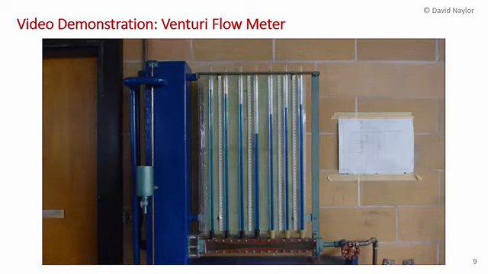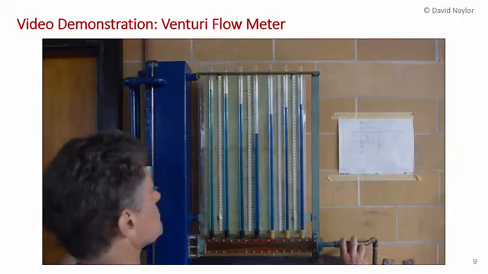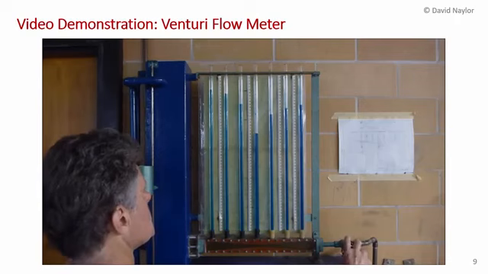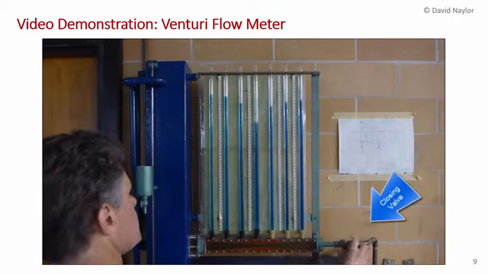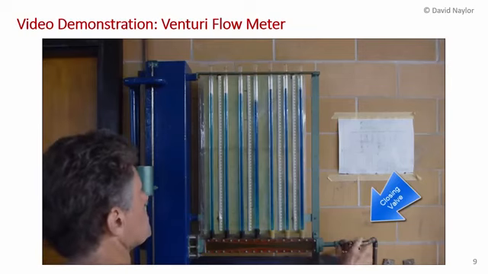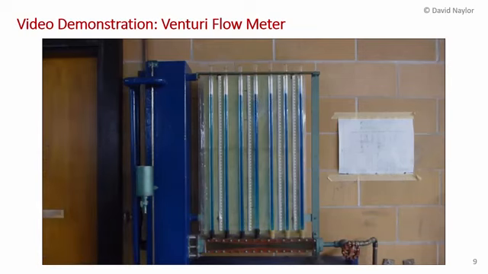So you're seeing the steady state hydraulic grade line. Finally, what I'm going to do is just turn the flow back down, turn it off. And there it is with the flow off, and we're back to the original situation.